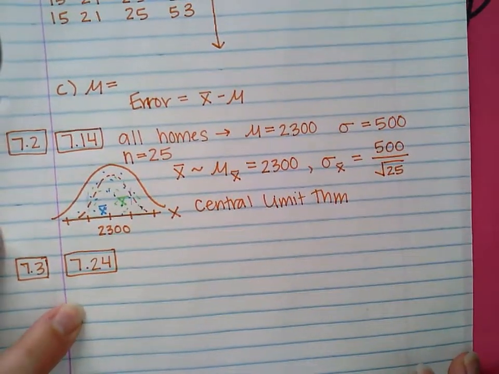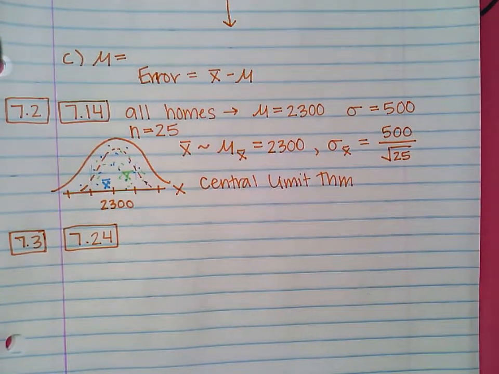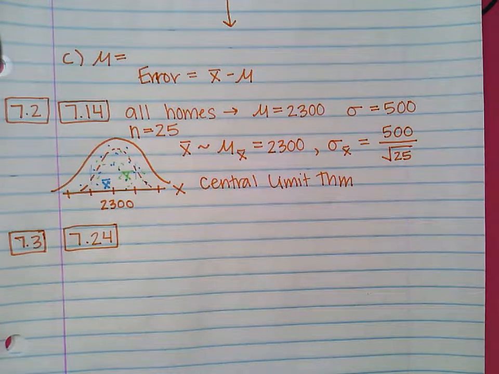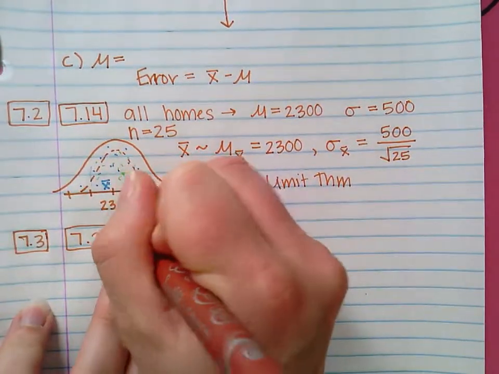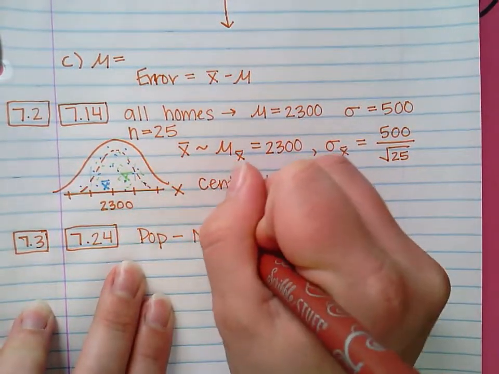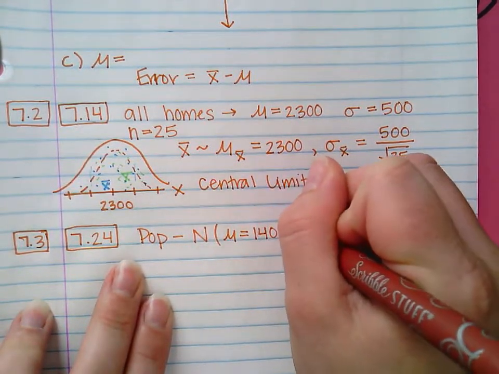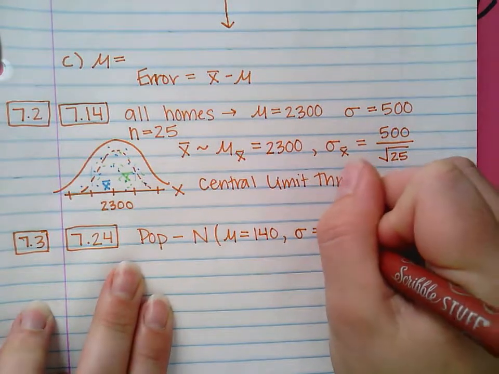Okay, so the problem stem on 7.24 says the amounts of electricity bills for all households in a particular city have an approximate normal distribution with a mean of 140 and a standard deviation of 300. So our population is normal with a mean of 140 and a standard deviation of 300.